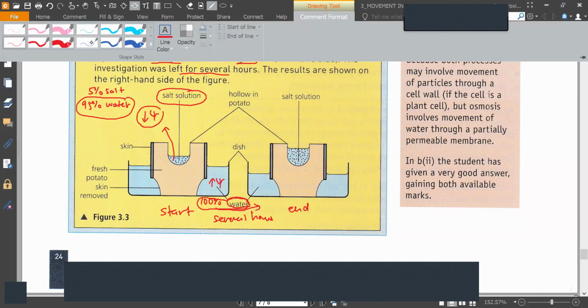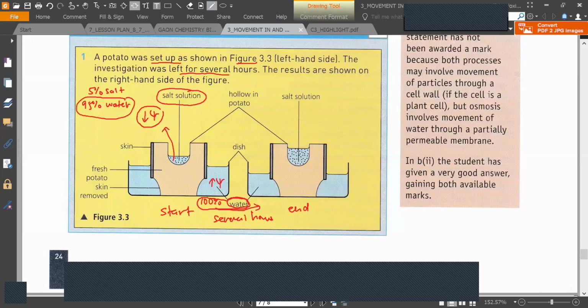So what we expect will happen is that water will move from high water potential to low water potential. That's why we see here the water level increase, because of the difference in water potential.